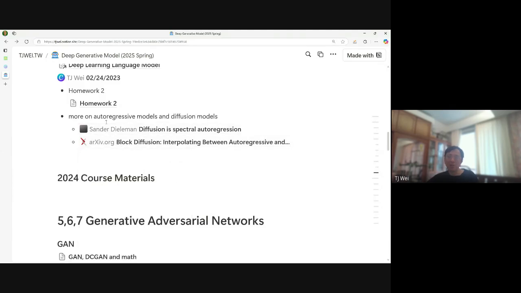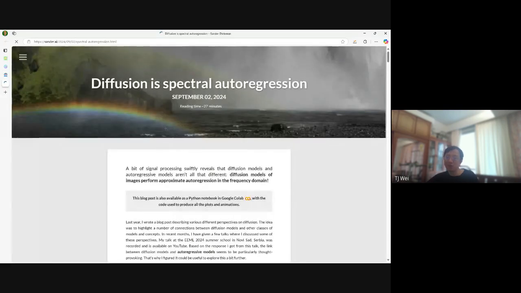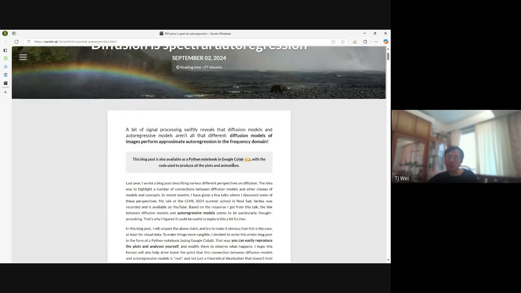First of all is the observation that a diffusion model is in fact an autoregressive model, if you consider the spectral space, like a frequency domain. It also has a Colab notebook that you can play with.